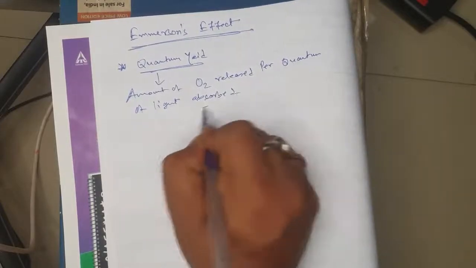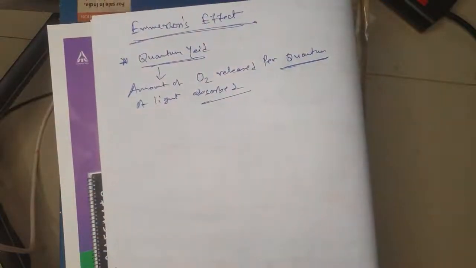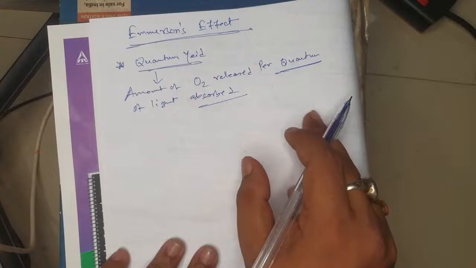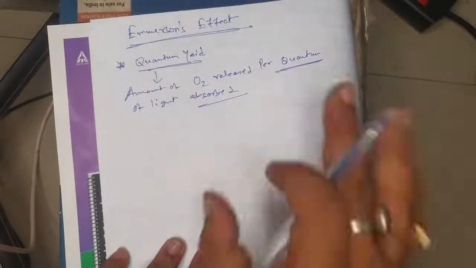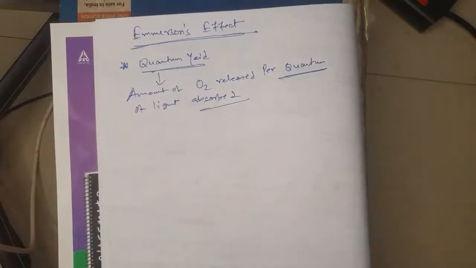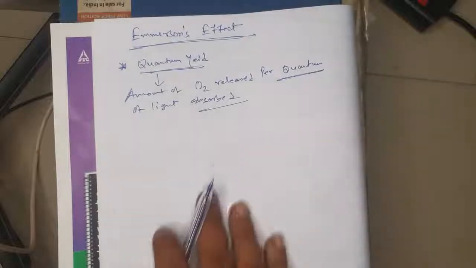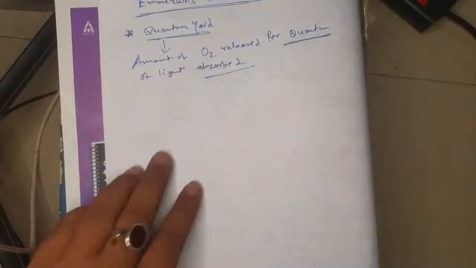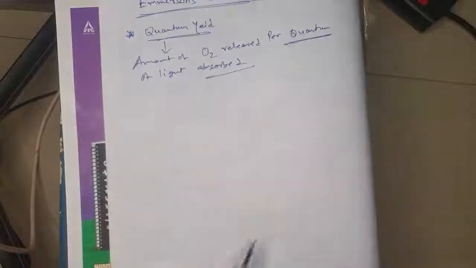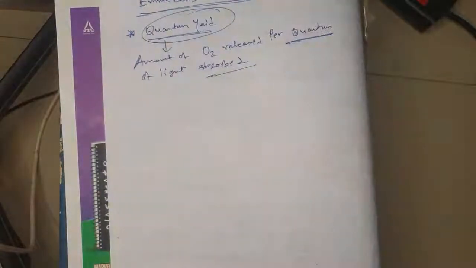Those who have a question about what a quantum of light is, you know from my chemistry classes, or if you don't have my chemistry classes, please ask your chemistry teacher what a quantum of light is. But I hope you understand what a quantum of light is. So the amount of oxygen released per quantum of light absorbed is known as the quantum yield. So what he did, he actually measured the quantum yield.